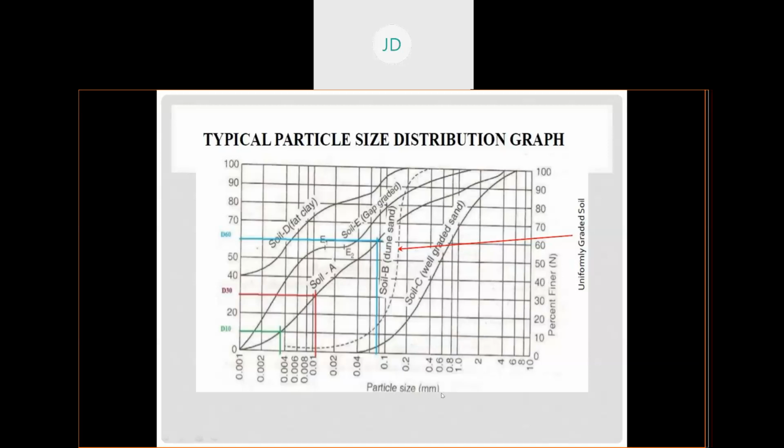How it can be done in the laboratory we'll discuss today. This curve is known as the particle size distribution curve. This individual drawing is known as the curve, and as a whole this graph is known as the particle size distribution graph. I think there should not be any doubt here.